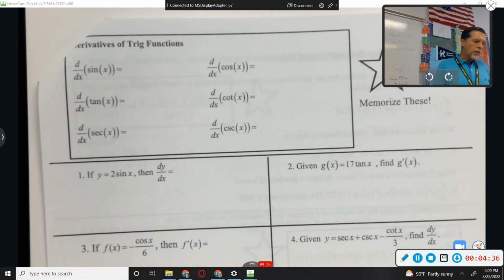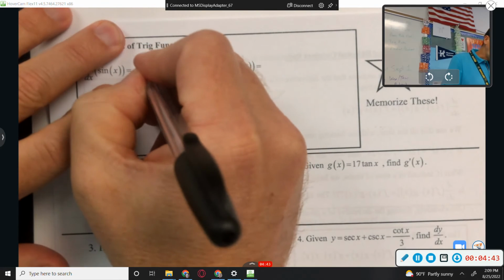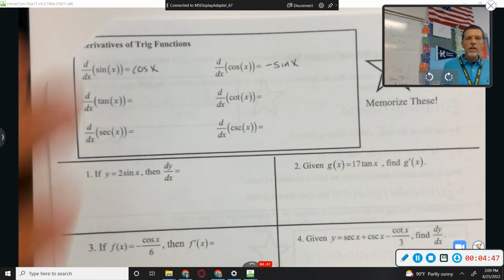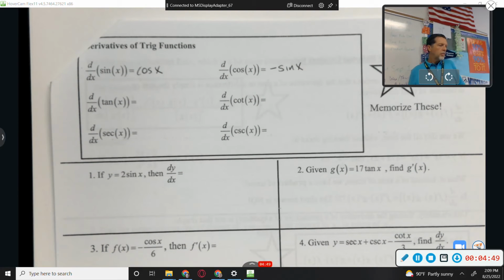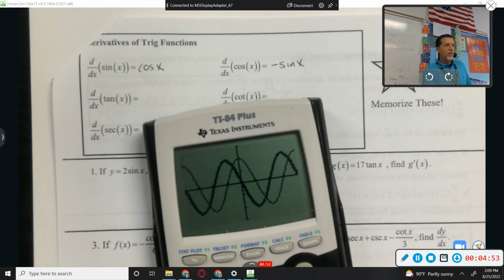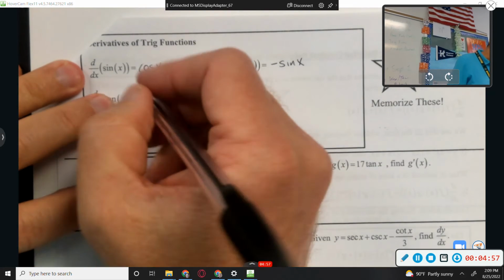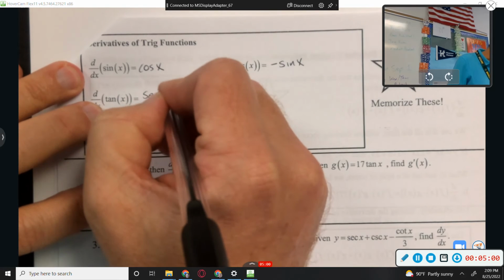All right, next page. Instead of working through all of those, we'll just tell you what the rest of them are. Derivative of sine is cosine. Derivative of cosine is negative sine. Derivative of tangent: you could do the same graph trick with tangent, graph the tangent and then graph its derivative, but I'd be super impressed if somebody recognized the graph of secant squared.